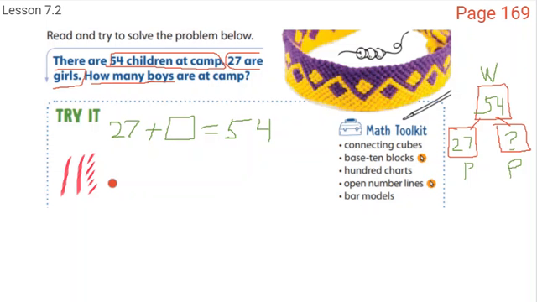Go to the next column. 6, 7, plus something is equal to how many 10s in 54? Yes, 5. 1, 2, 3, 4, 5, and there's 4 ones. 1, 2, 3, 4.